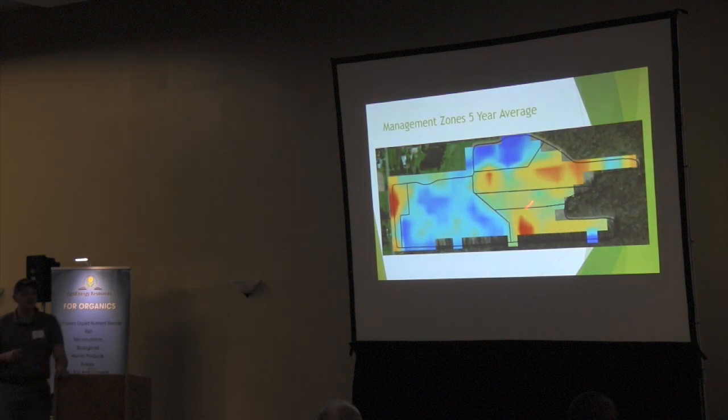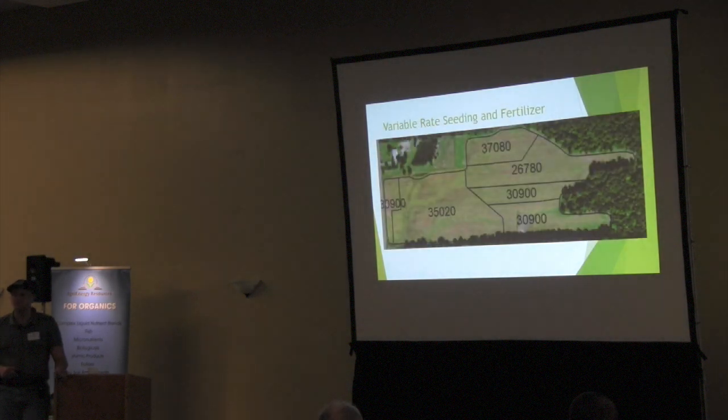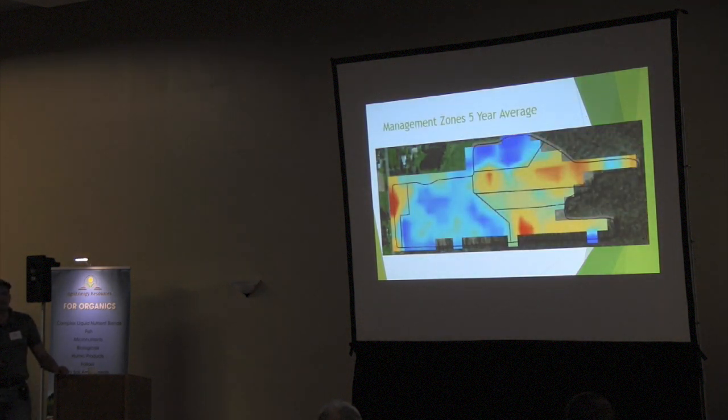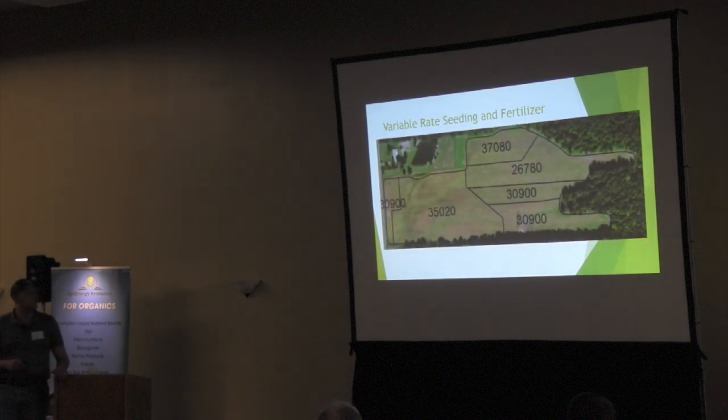Okay? So we look at this and we say, okay, how do we fix it? What do we do? So we say, okay, let's vary our seed. Let's start there. That's the easiest thing to do, right? So we went and said, okay, our best areas, we're going to set a limit at 37,000. And we're going to set the worst areas at 26,000. And see what happens.